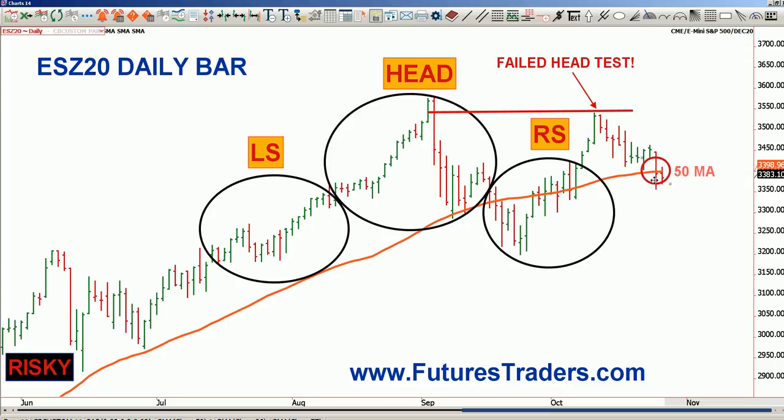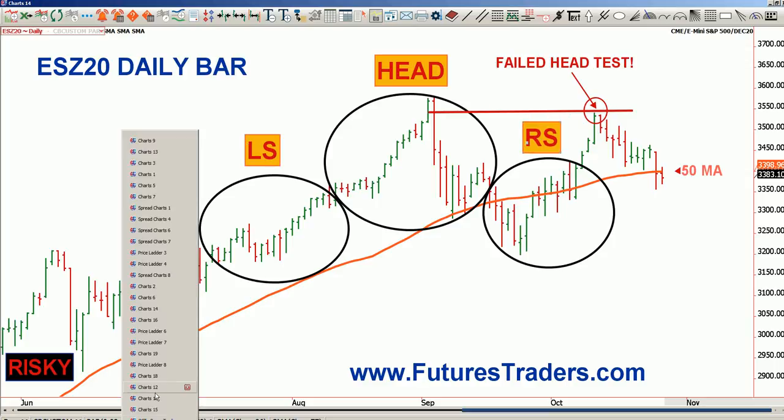We're day traders, we'll take it one day at a time, but that should give us at least another tumble down, because once it gets below the 50, it usually has a bit of a crack, even if it's a couple of days. So here we are, red OMNI telling me to sell rallies, and as you can see, we are below the 50-bar moving average, still falling after the failed head test from the head and shoulders formation. So that's what I have been looking at.